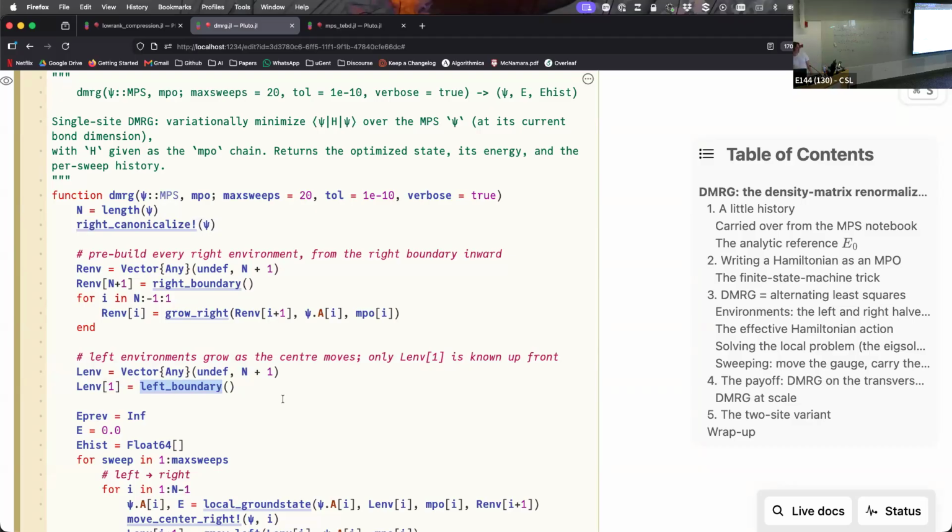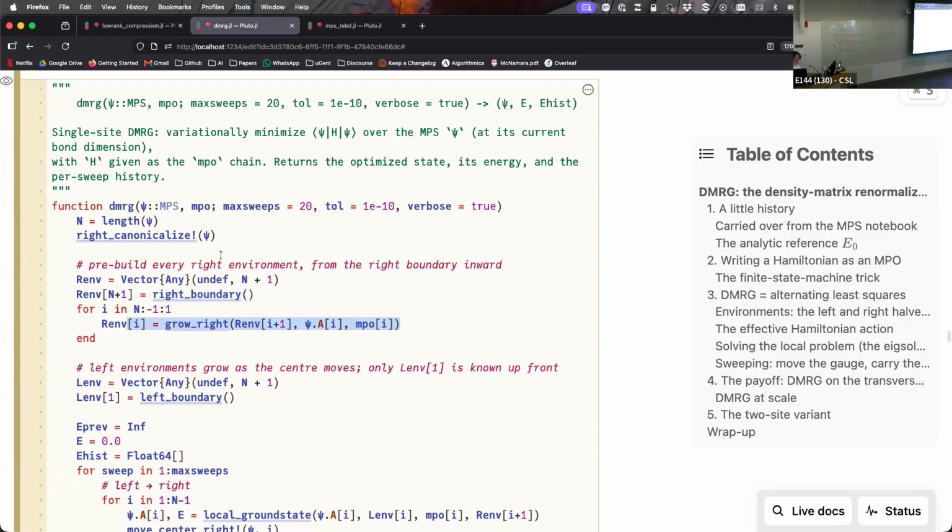And so then, after I've done the left side, I want to do the right side. I will do the exact thing that we've done before, where I start all the way on the right with this 1 by 1 by 1 tensor that I have filled with 1. And then I will just recursively go from site n all the way to the first site and compute the one next site over.